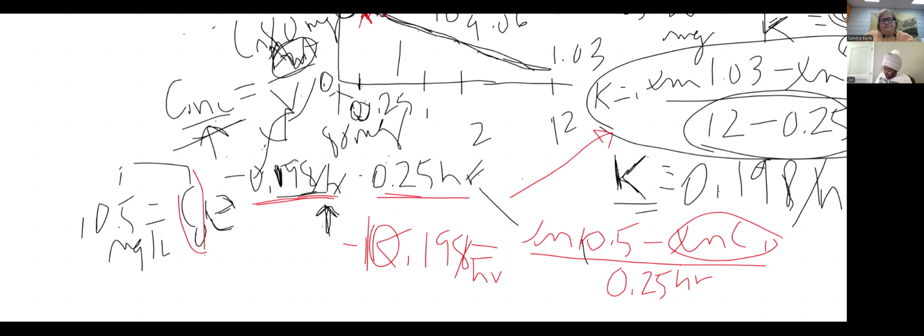So if k is equal to negative 0.198, and we use the natural log of the concentration, given to be 10.5 at 0.25, and we're trying to determine this number, and then the time will be 0.25. And we're looking for this.